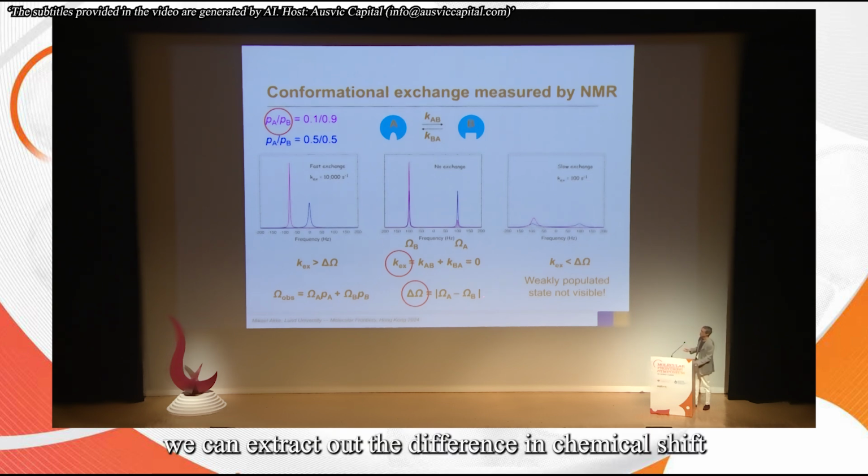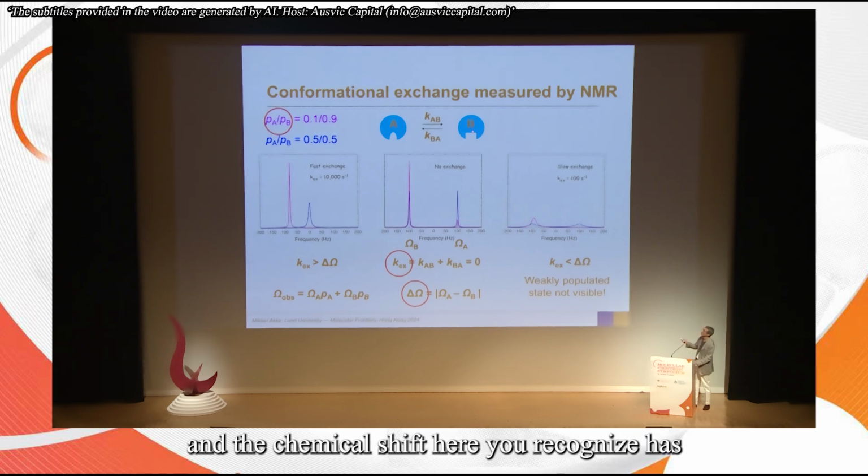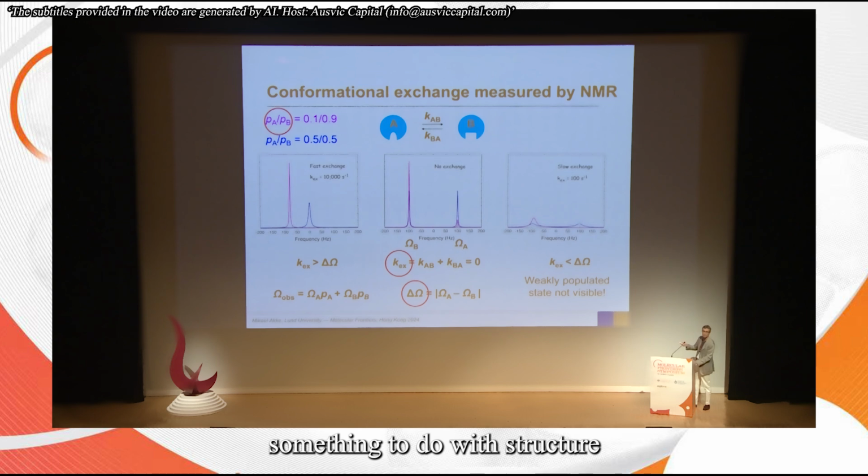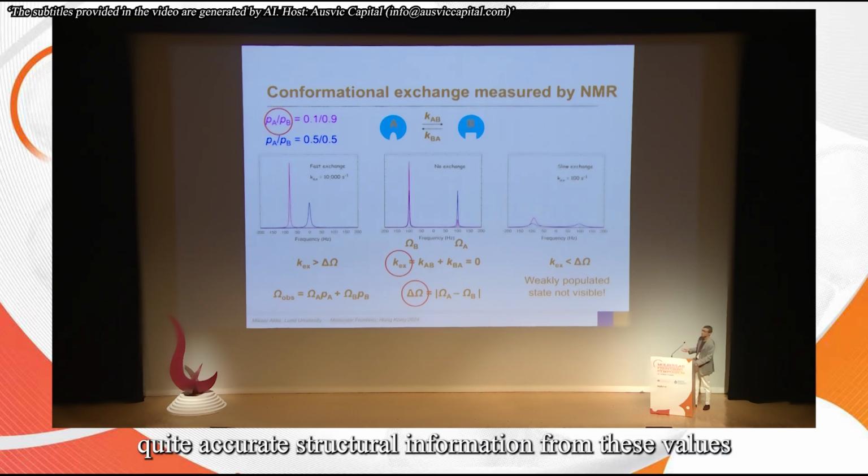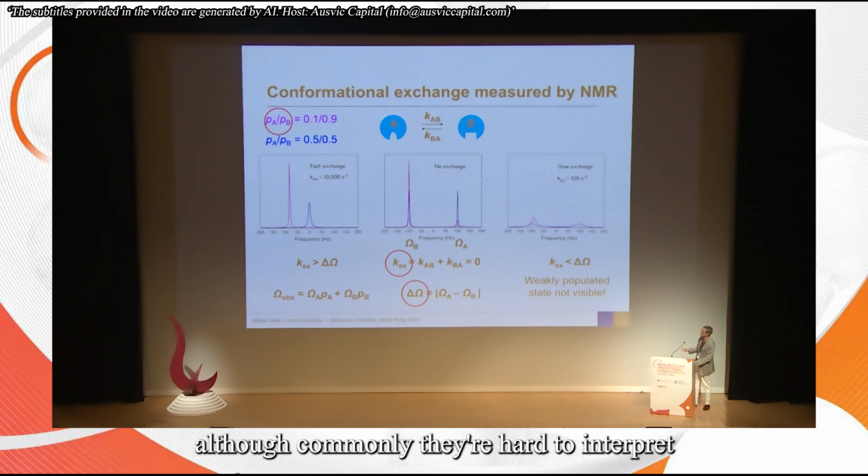We can extract out the difference in chemical shift, and the chemical shift here you recognize has something to do with structure. So we get some structural information, and sometimes, which I will show later, we can get quite accurate structural information from these values. Although commonly they're hard to interpret.